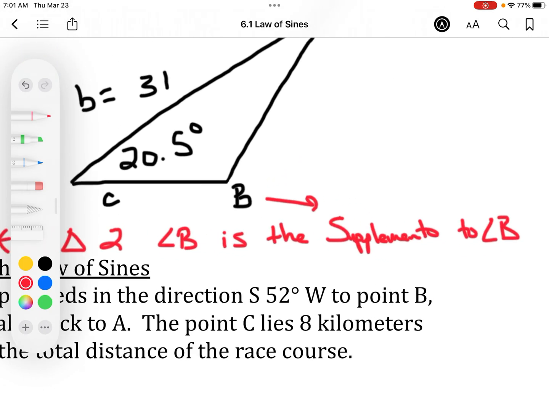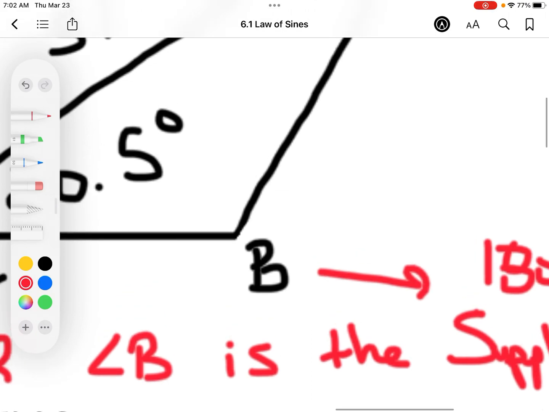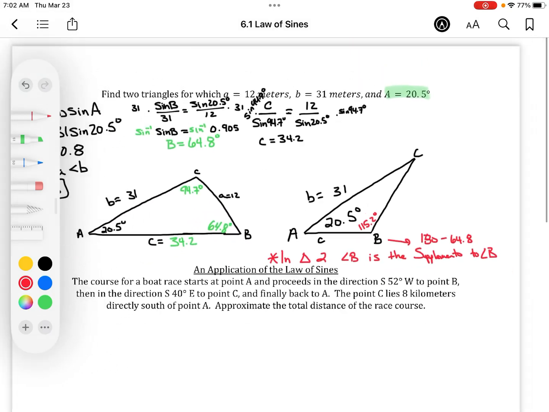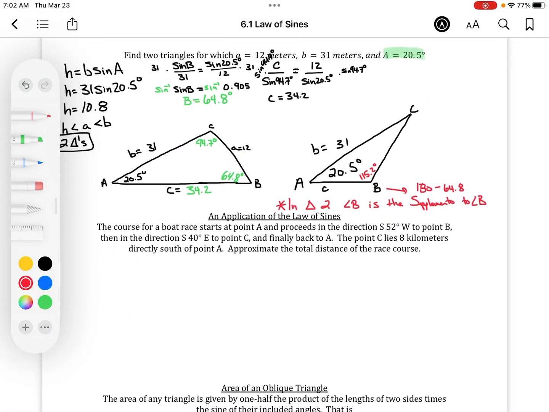So this B right here is just going to be found by 180 minus that 64.8 that we had before, which is pretty nice. So when we do that, we get 115.2 degrees. And that's always going to be true.